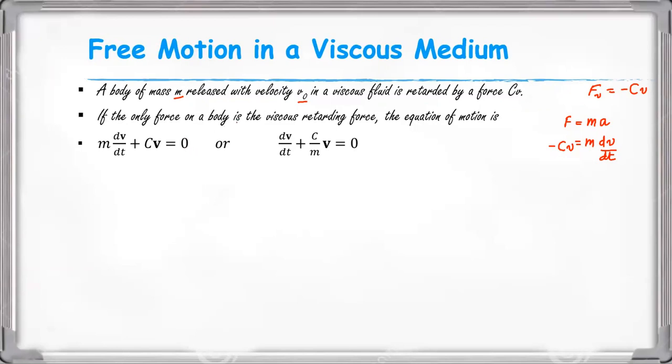Then we divide the equation throughout by m, then dv by dt plus C by m into v is equal to 0.